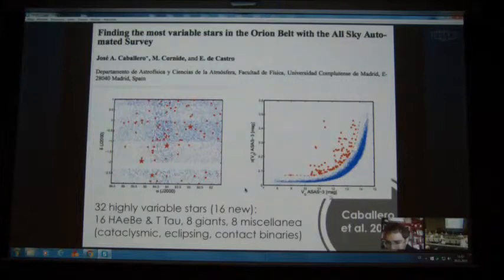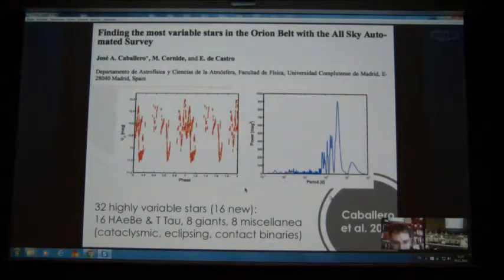And when I say highly variable, it means more than 1 magnitude of peak-to-peak variability. Of them, 16 were young stars of type Herbig or T Tauri, 8 were giants, and the other 8 were miscellanea, including cataclysmic, eclipsing, and some contact binaries.